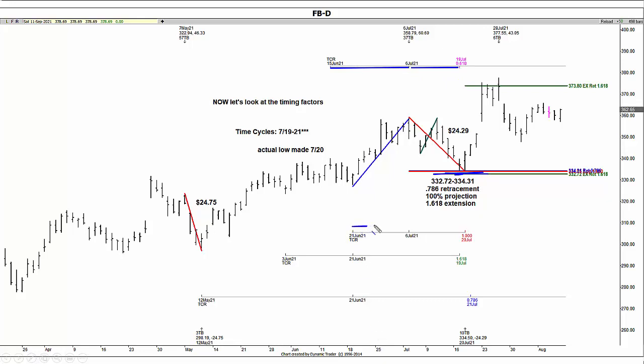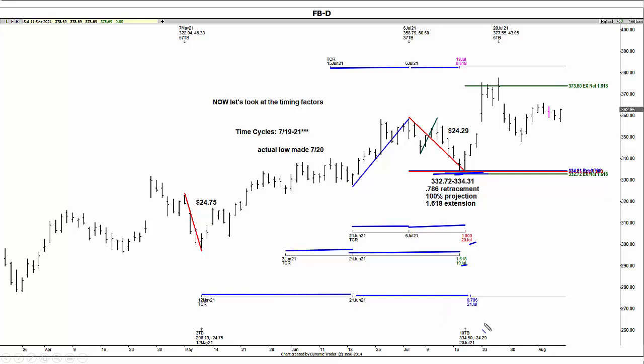We had a low to high. 100% in time came in on July 20th. We had another low to low swing. 1618 in time came in July 19th. And then we also had another low to low swing. 786 in time came in on July 21st.